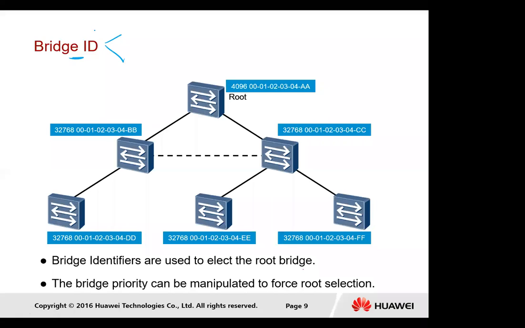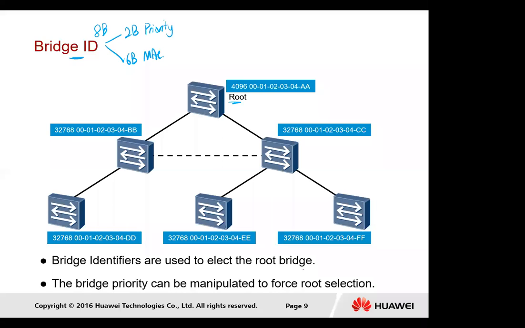In total it has 8 bytes: 2 bytes of priority and 6 bytes of MAC address. As in this example, under the root we have a priority of 4096 followed by my MAC address. 32768 followed by the MAC address. 32768 followed by the MAC address. So this is the information I have under the bridge ID.